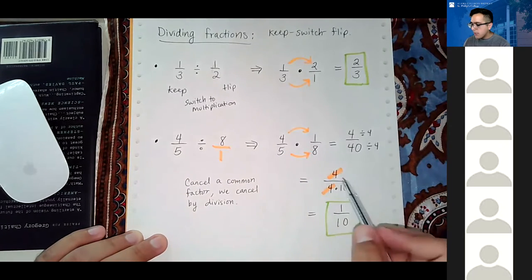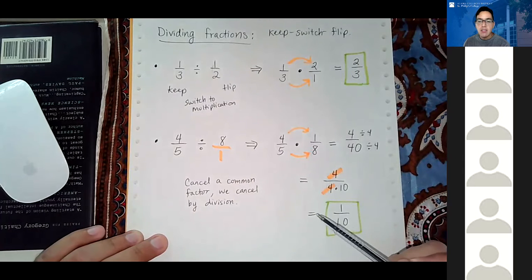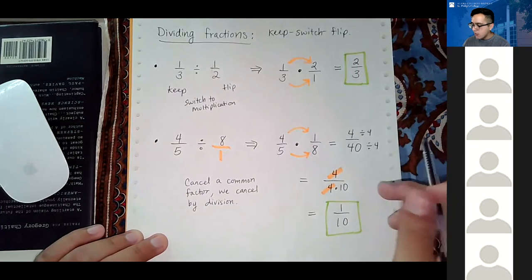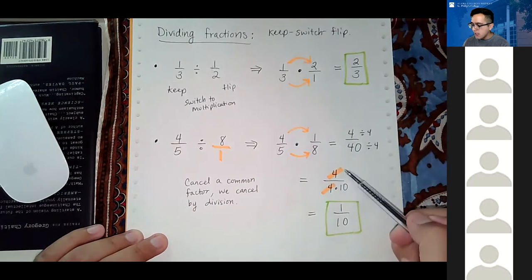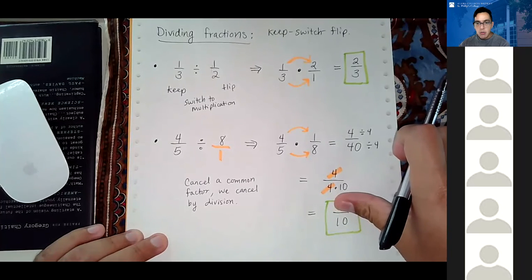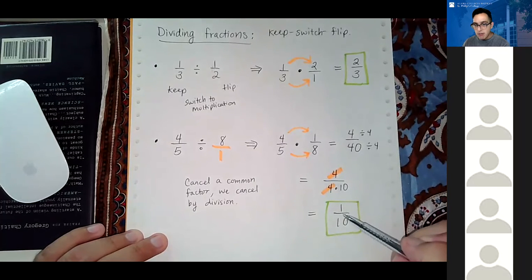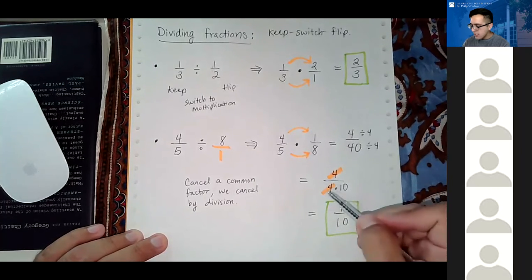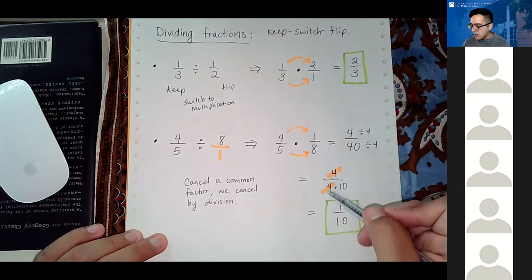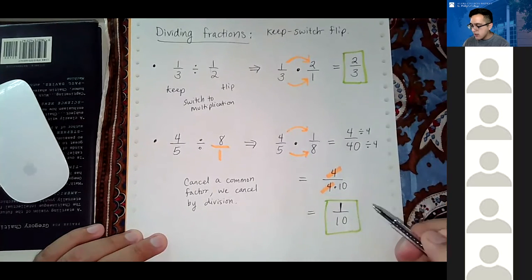So what that means is that if we're just crossing things out willy-nilly and not thinking about it, you might say to yourself, well, I cancel out everything on the top, so I shouldn't put anything on the top. I should just have 10. But that's not the case. What we're really doing is saying that we have 4 divided by 4, so we should have a 1 somewhere. Since those cancel out entirely by division, we should have this 1 here.